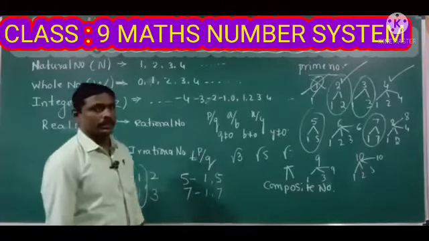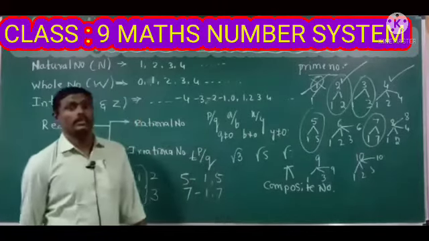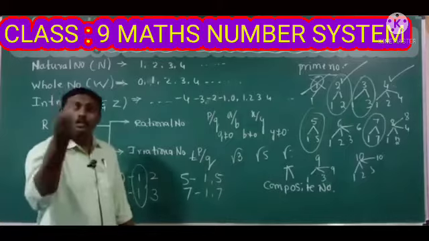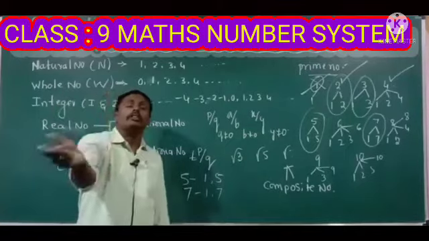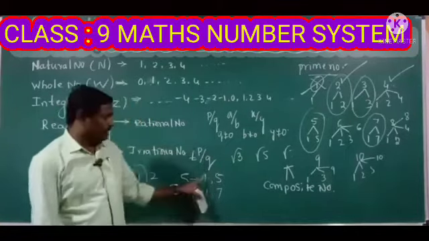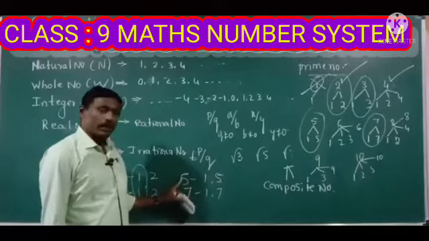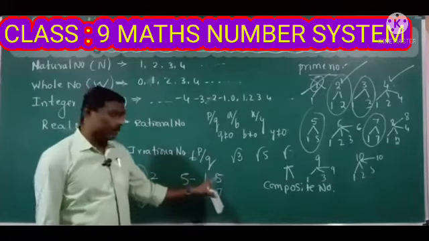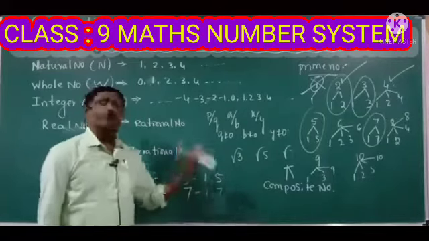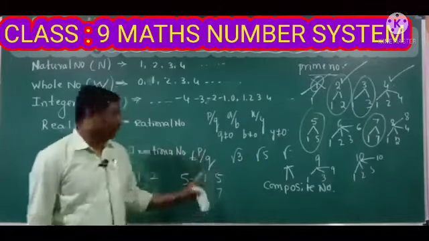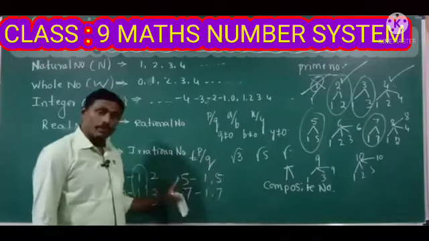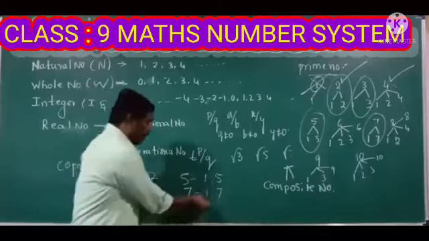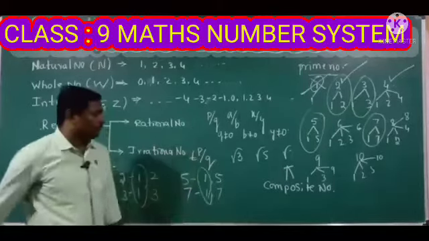Factors, you already learned in the previous classes. Factors means the numbers which divide the given number without leaving any remainder. So 1 divides 5 without leaving any remainder. Again 5 is divisible by 5 without leaving any remainder. 1 fives are 5 and 5 ones are 5. So here we have the common factor 1.